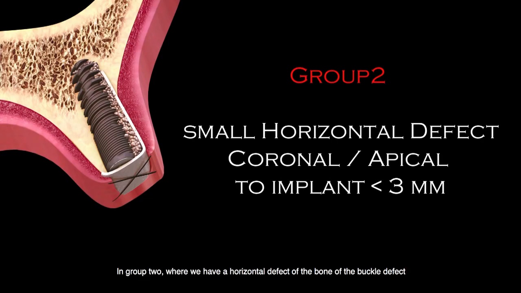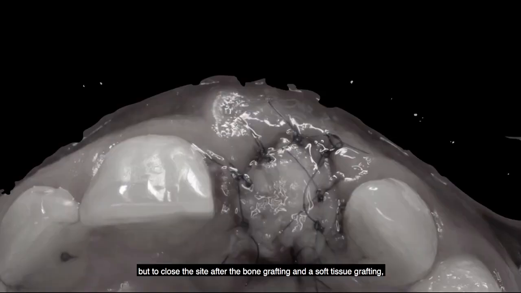In group 2, where we have a horizontal defect of the bone, a buccal defect, as I mentioned in the classification, we tend, especially in the thin tissue biotype, not to do an immediate loading, but to close the site after the bone grafting and the soft tissue grafting. We will seal the socket in the best well-known procedure or technique.